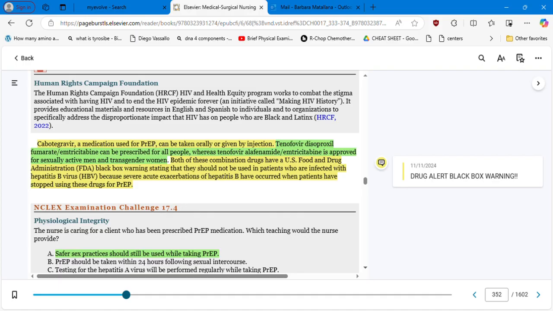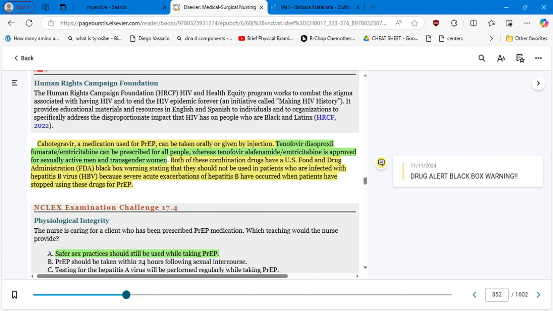Tenofovir disoproxil fumarate/emtricitabine can be prescribed for all people, whereas tenofovir alafenamide/emtricitabine is approved for sexually active men and transgender women. Okay, so tenofovir has two types, right? One is prescribed for all people, and the other one is prescribed for sexually active men and transgender women.